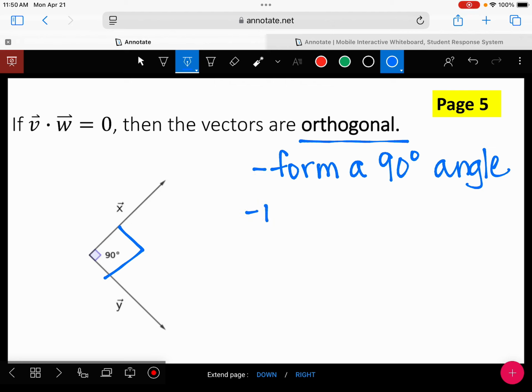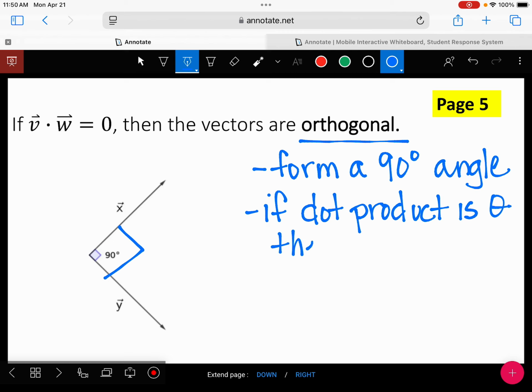Now, if your dot product is 0, then the vectors are orthogonal.